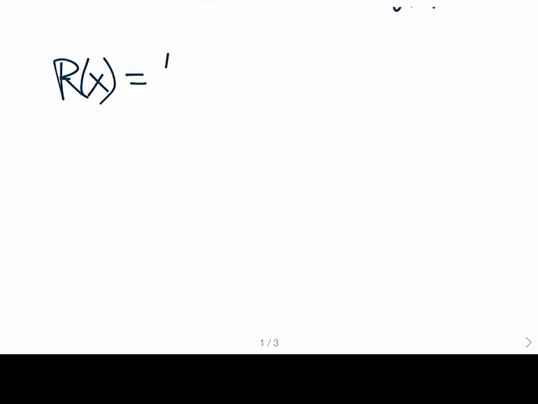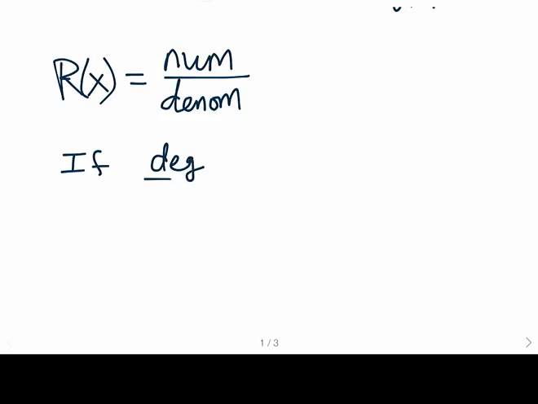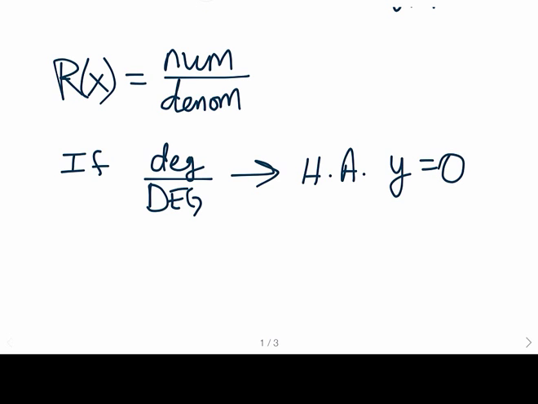In general, a rational function has a polynomial numerator and a polynomial denominator. If the degree of the numerator is smaller than the degree of the denominator, then we're going to have a horizontal asymptote that is the x-axis that has an equation y equals 0 every single time.